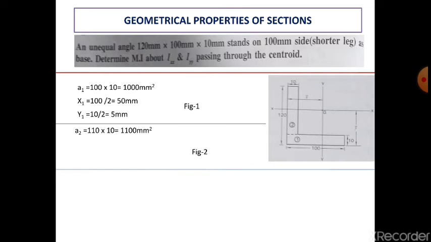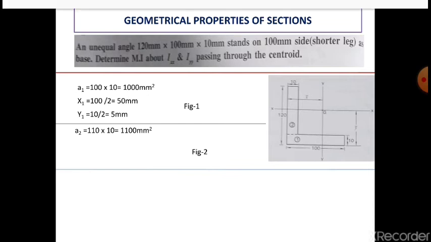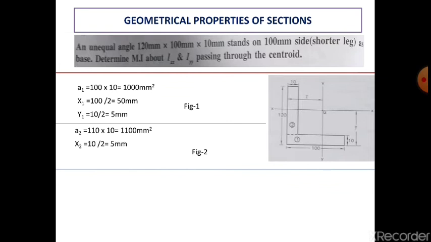Next is what? y2 and x2 we have to calculate. So x2 is how much? Along the horizontal axis, what is the dimension? 10. So 10 by 2, right? Along the y direction, what is the length of the second figure?